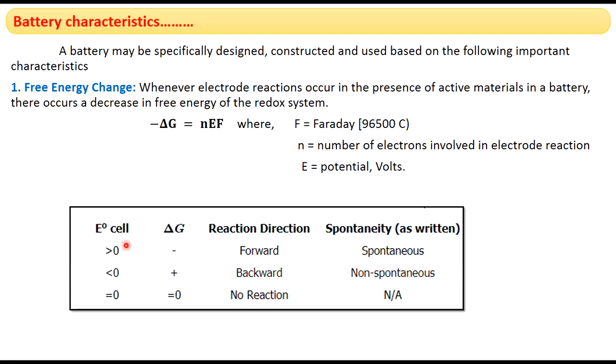And when the standard electrode potential is 0, the free energy change is 0, and no reaction occurs. So this is free energy change. When we are getting power, free energy decreases. When we are supplying power to the cell, free energy increases.